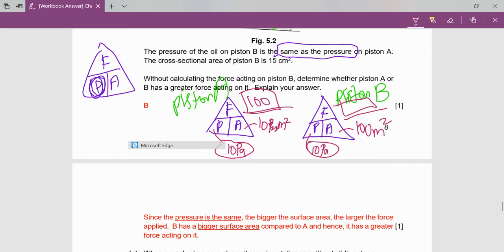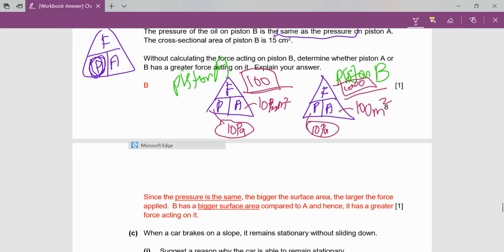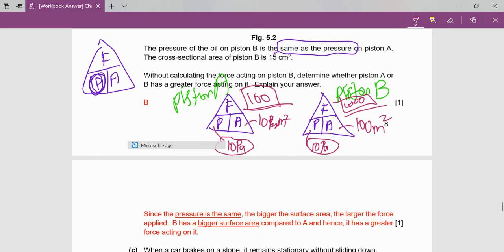So this one is 100 divided by 10 equals 10. 1000 divided by 100 equals 10. I'm showing you simple calculations, but this question does not require you to calculate.